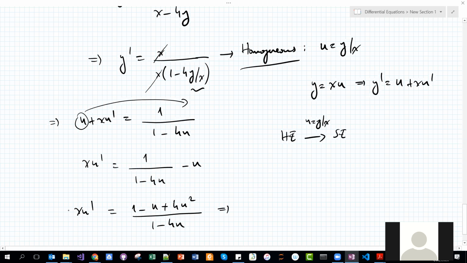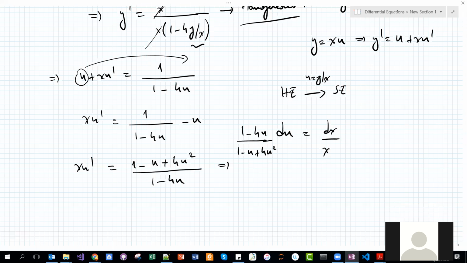This is the u function and then the x function on the left-hand side. Can I write this in this way? The u times (1 minus 4u) over (1 minus u plus 4u squared), which is going to be equal, on the right-hand side, to dx over x.